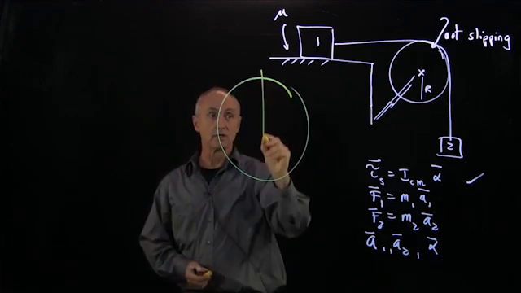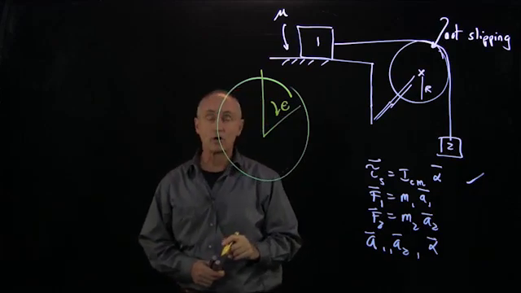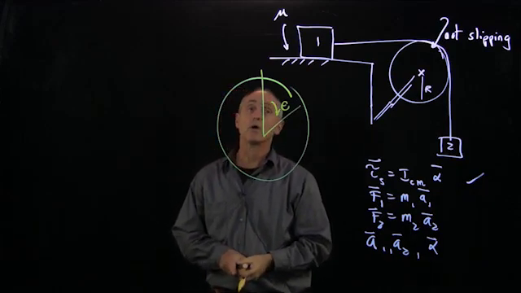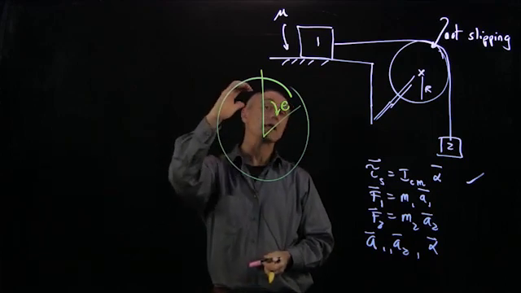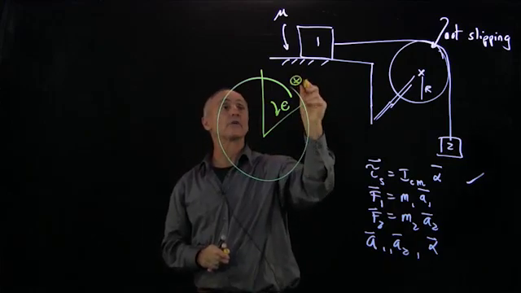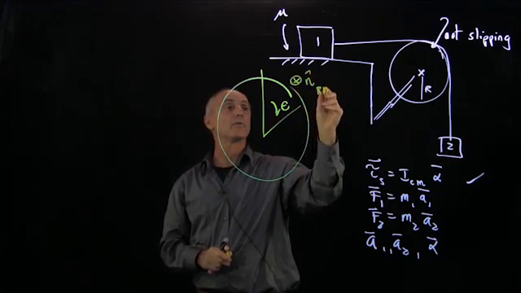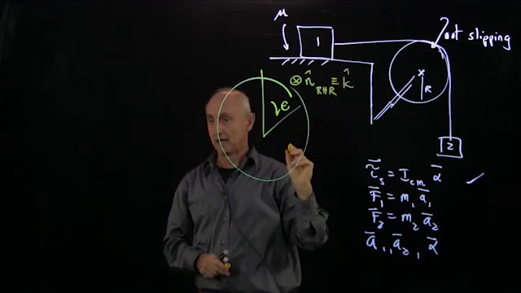I'll draw an angle theta, and now I have to draw a right-hand rule, so my angle theta will look as though it's going into the plane of the figure. And so I write theta cross n hat, right-hand rule, and I'm going to just define that to be k hat.